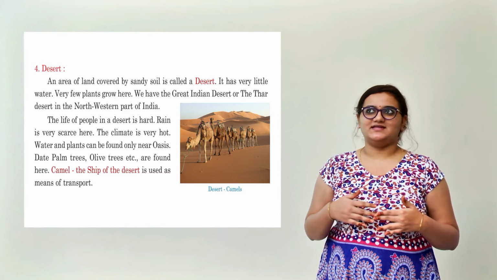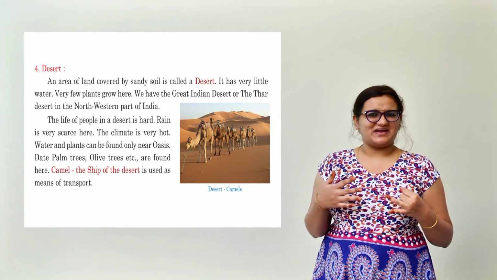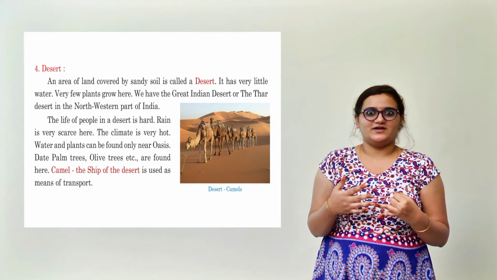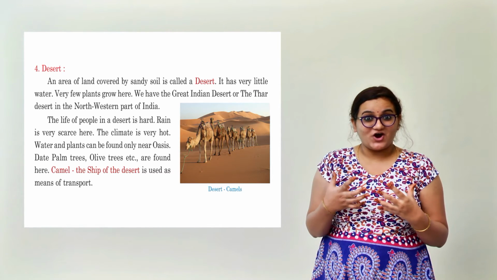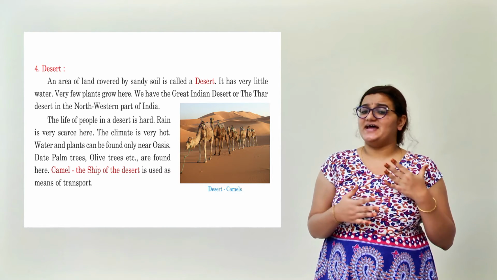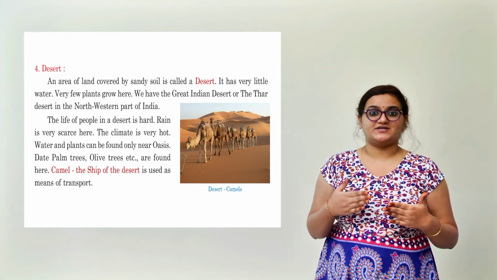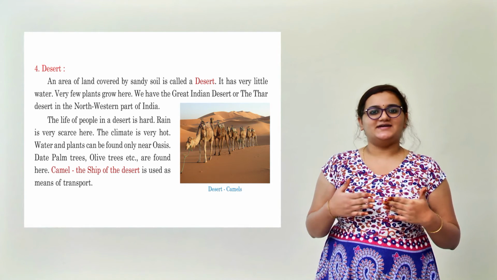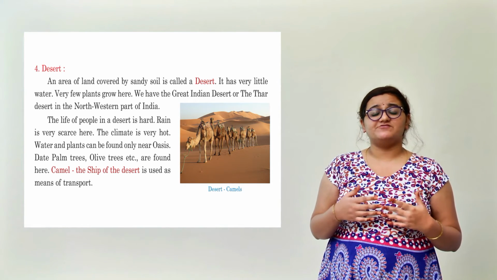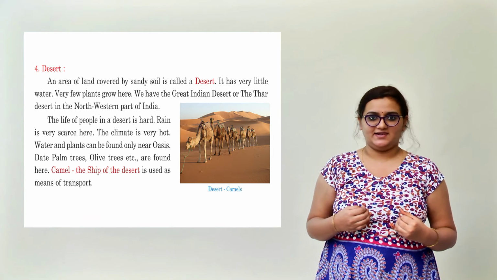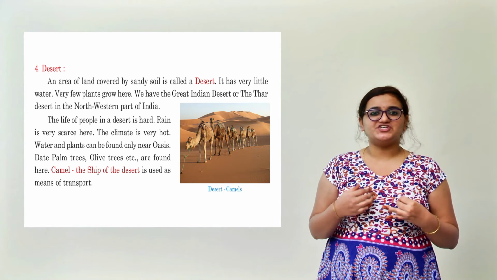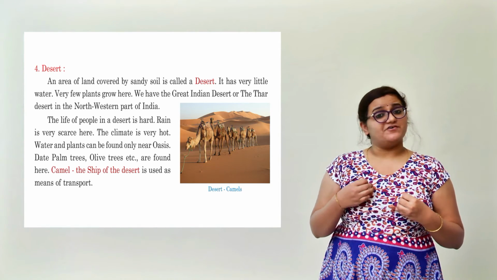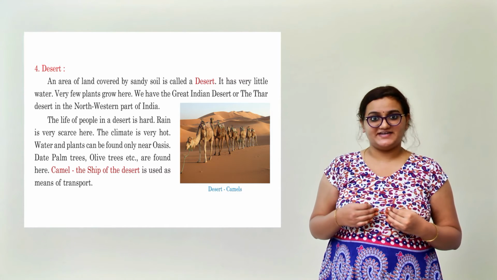Camel is coming and there is sandy soil. What about climate? Are you feeling hot or are you feeling cold? Yes, it is very hot, right? So yes, you have correctly imagined what a desert looks like. A desert is a place covered with sandy soil and there is scorching heat. The climate is very hot here in the desert.